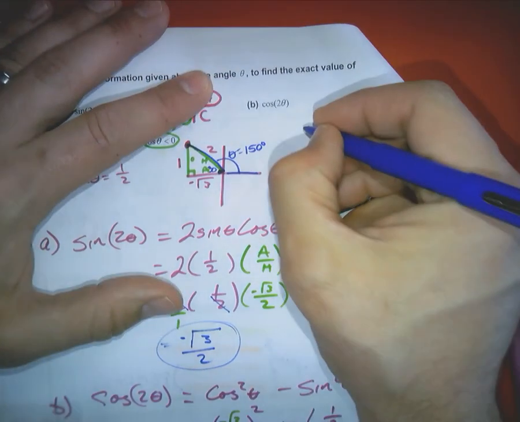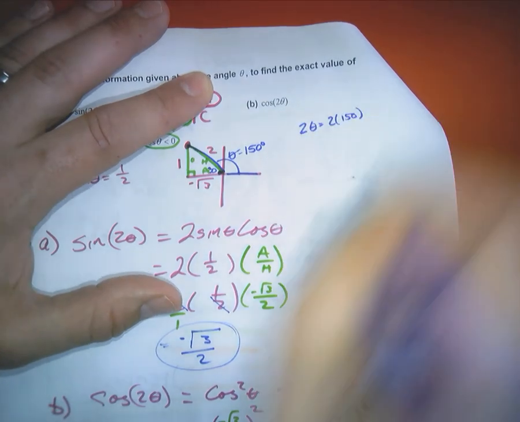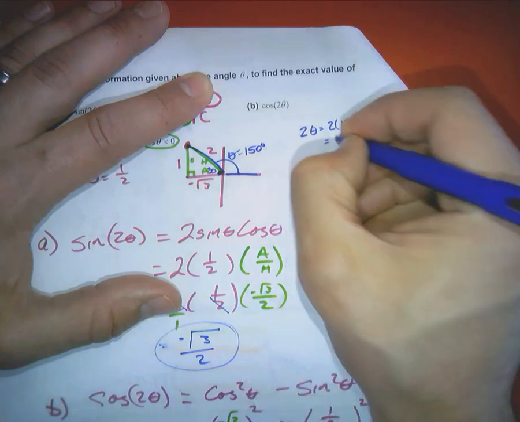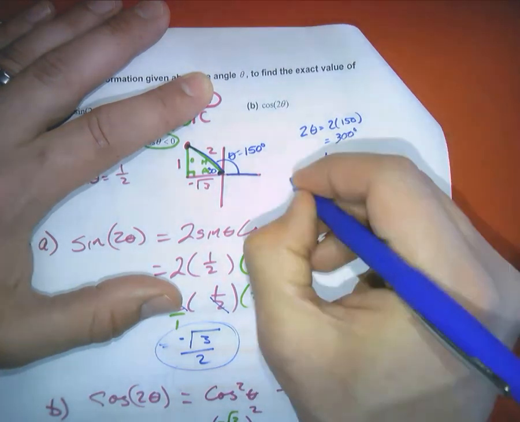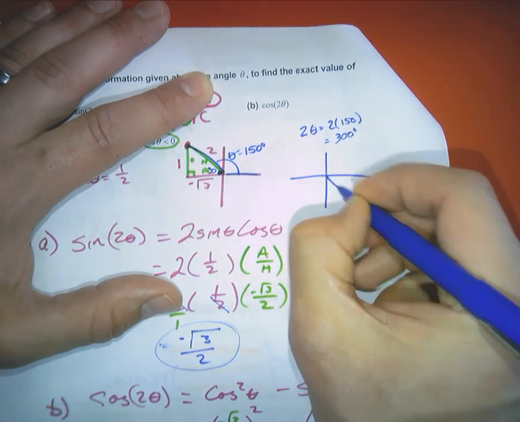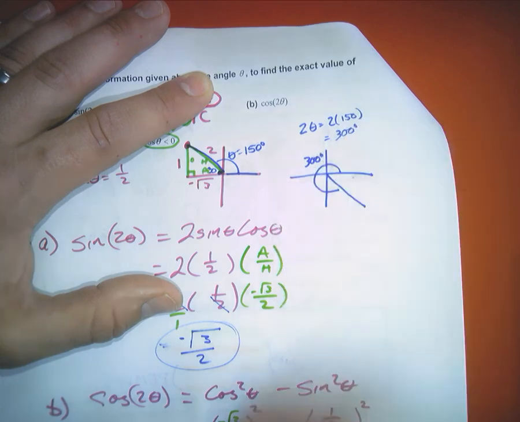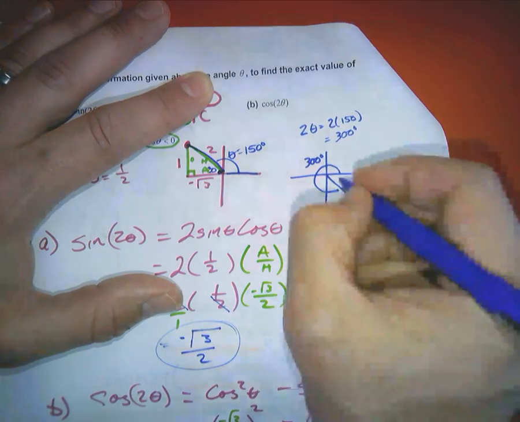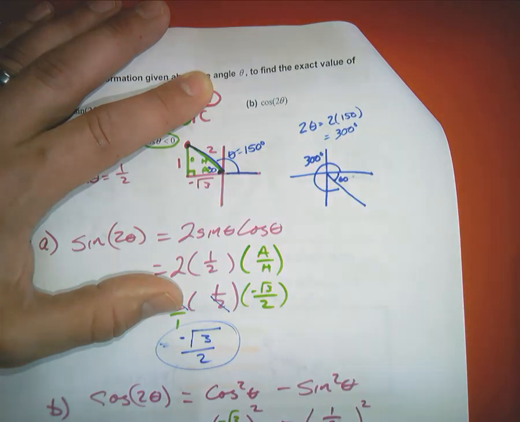Okay? Well, what we just did is we came up with double theta, right? So what we just did was 2 times theta. We did 2 times 150, which we agree is 300. Well, 300 degrees is in quadrant 4. That's 300 right there. So if I make this a little reference angle, that's 60, right? Because 360 is 360.